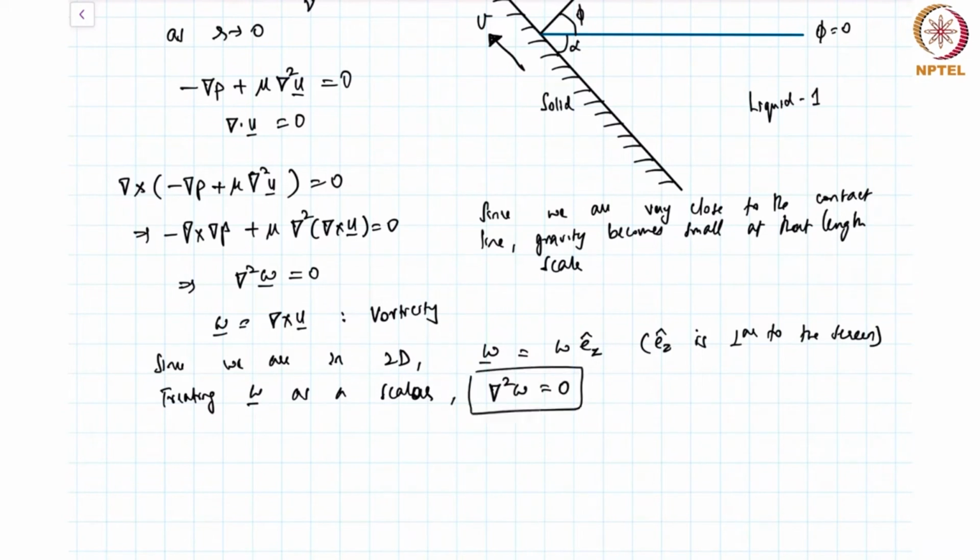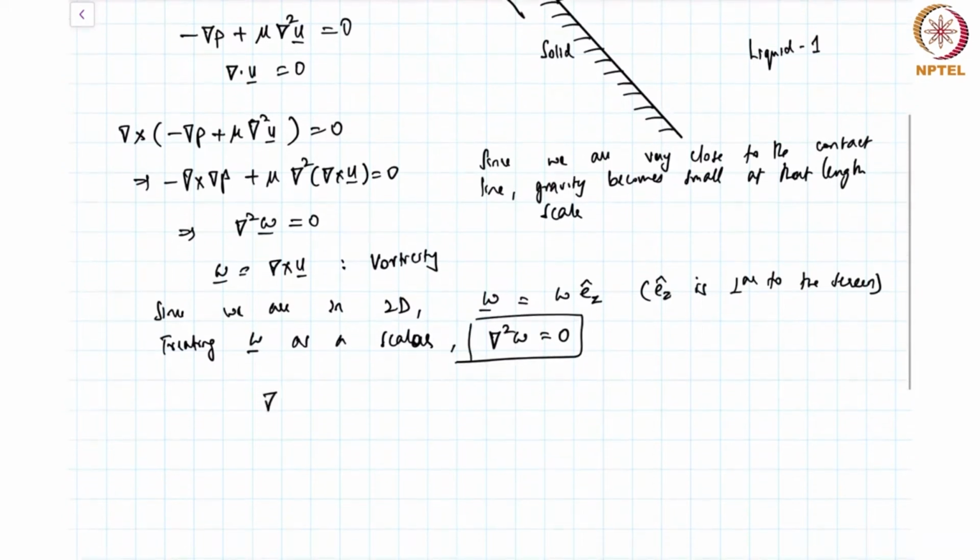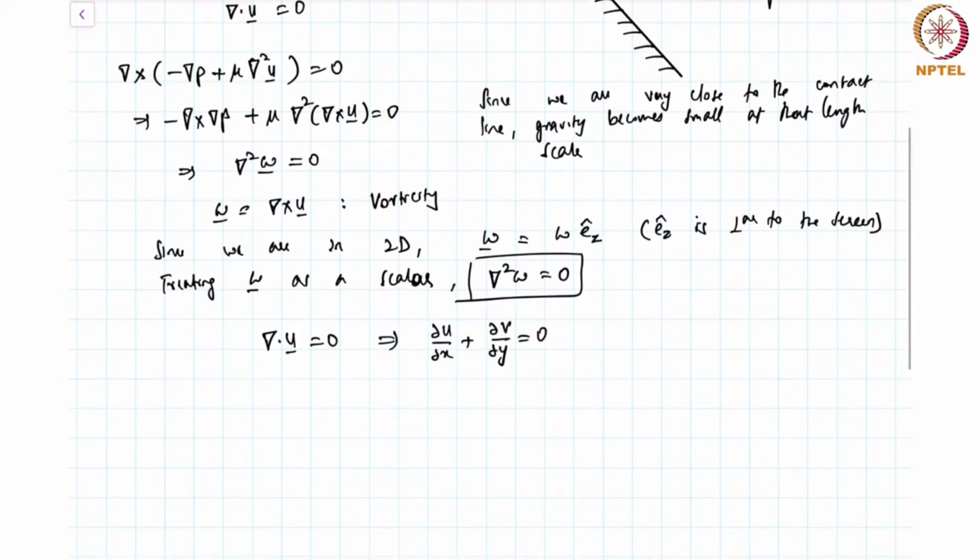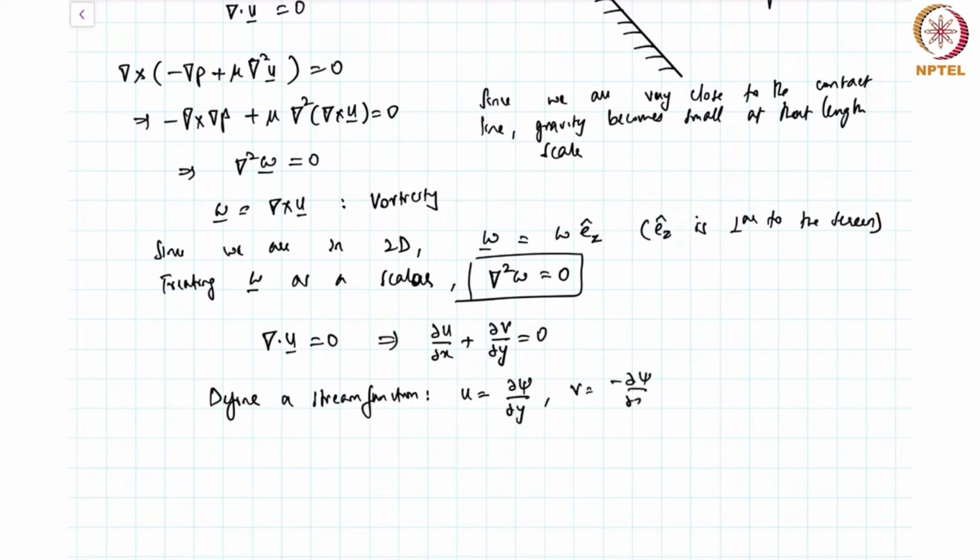Now you can also say del dot u is 0. In 2D this essentially becomes del u by del x plus del v by del y is 0. This allows us to define a stream function, where u becomes del psi by del y and v becomes minus del psi by del x.